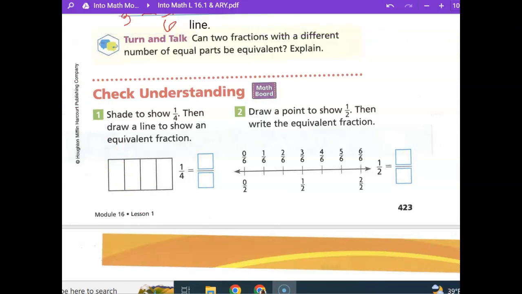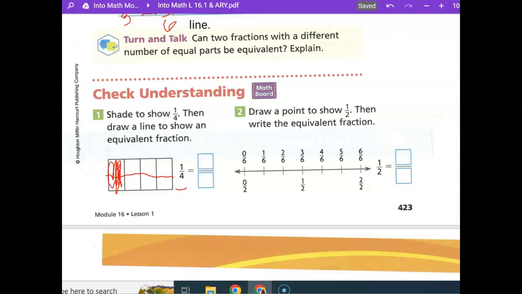All right, let's see if you were correct on your check your understanding. It says shade to show 1/4. So we're going to color in 1/4. So 1/4 they have right here. Then draw a line. It says to show an equivalent fraction. So I'm going to divide that in half. And now we have 1, 2, 3, 4, 5, 6, 7, 8 parts.